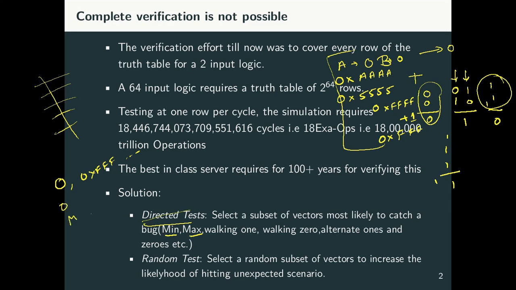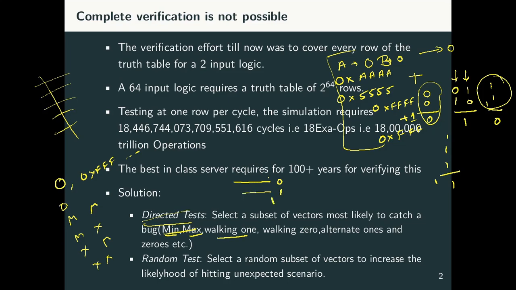So min with min, min with max, max with min, and max with max. Then we do a walking one. What this basically means is that we have all zeros, then one at the LSB and everything else is still 0.